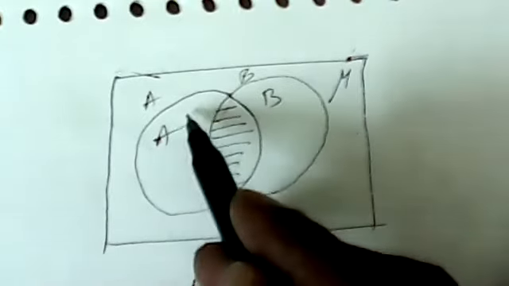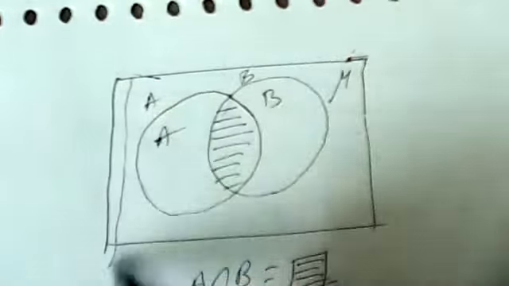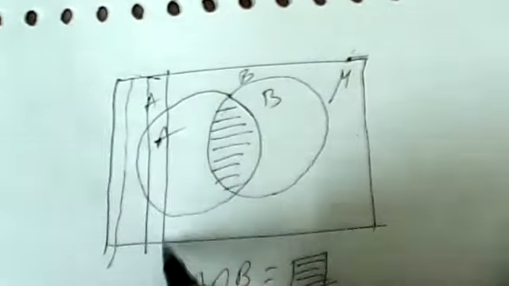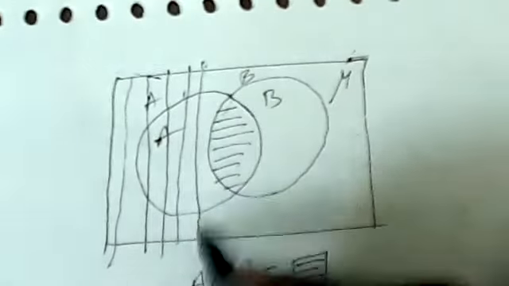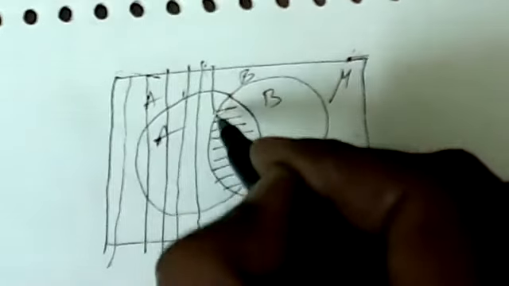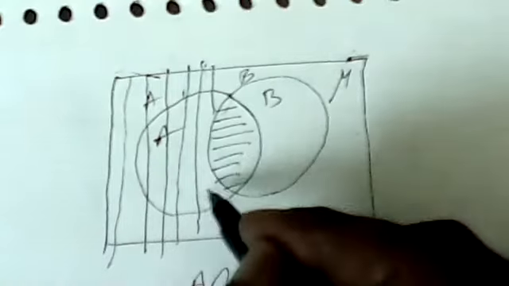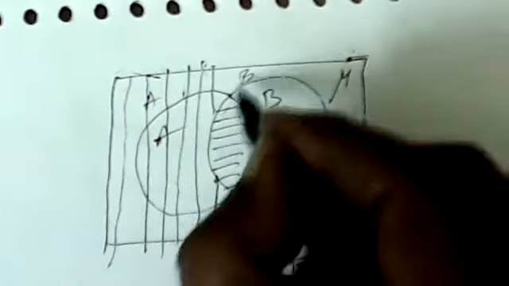Then what is left? This whole thing. I will draw the vertical line. This whole thing. When you come here, this A intersection B part will be removed from this view. Only A will remain. Did you understand now?